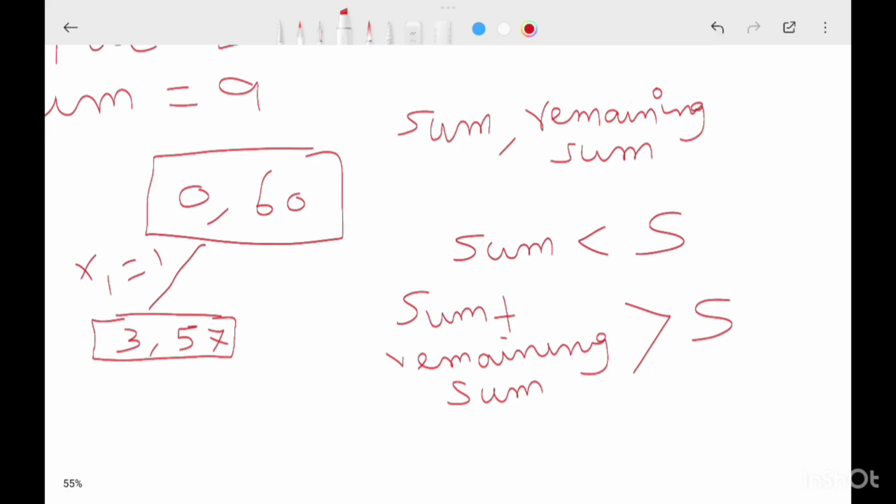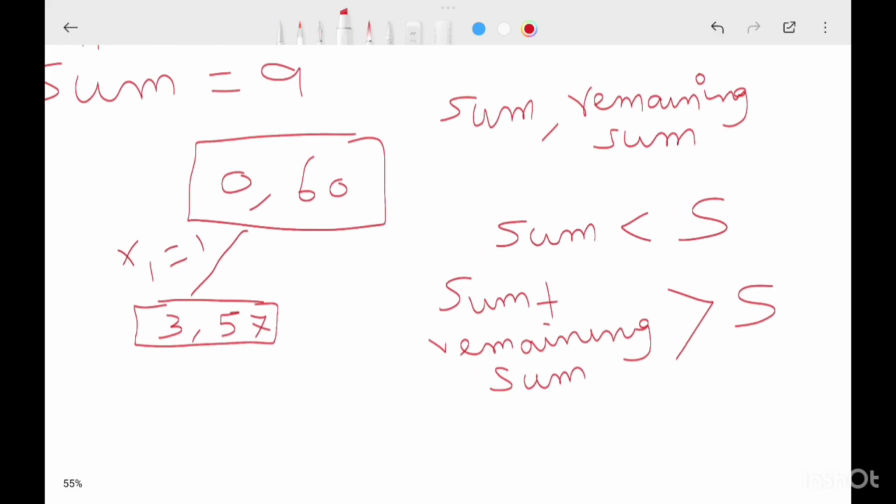So these are the two constraints that we need to check at each state: the sum up to that state should be less than the required sum, and the sum plus the remaining sum should be greater than the required sum.